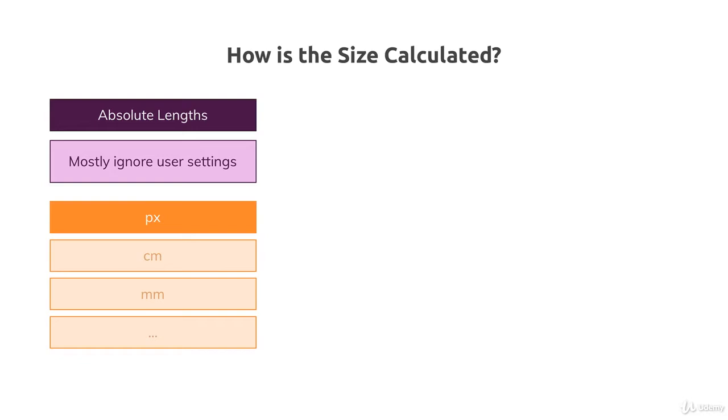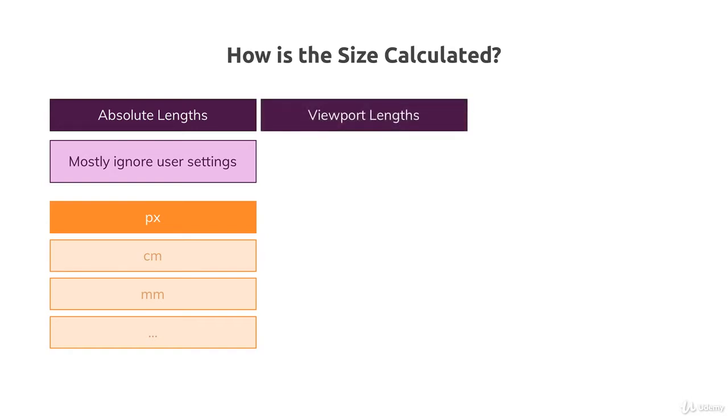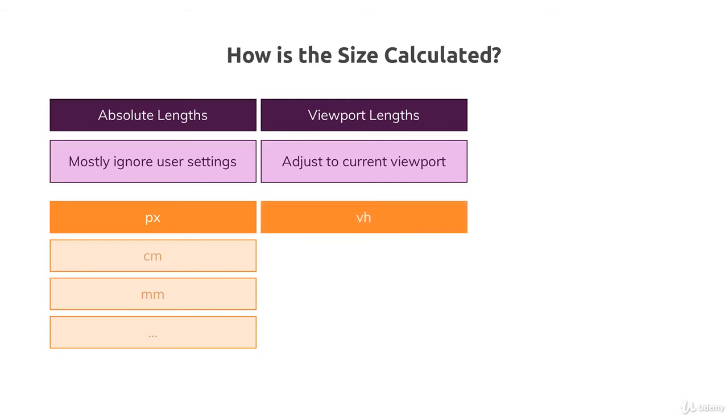With that, we finished the first category of units. Now, what's the second category? Well, the second category are viewport lengths. Viewport lengths, as the name says, adjust the size of the element we apply them to according to the viewport. The viewport lengths can be applied with the VH value, so viewport height, but also with viewport width, I showed you that already.